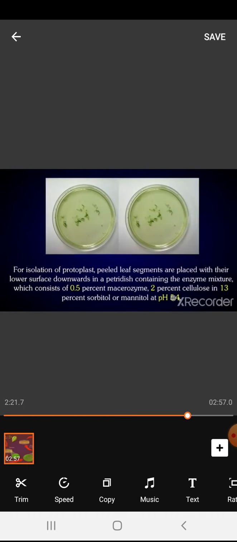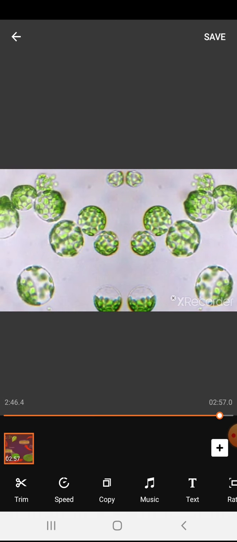For isolation of protoplast, peeled leaf segments are placed with their lower surface downwards in a petri dish containing the enzyme mixture, which consists of 0.5% macerozyme, 2% cellulase in 13% sorbitol or mannitol at pH 5.4. Finally, the protoplasts are released and kept in the isotonic solution.